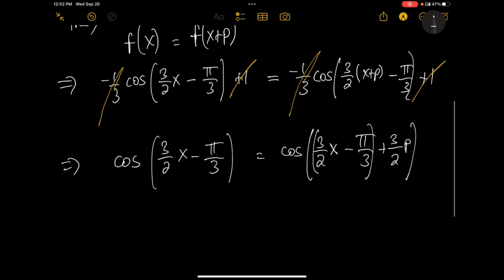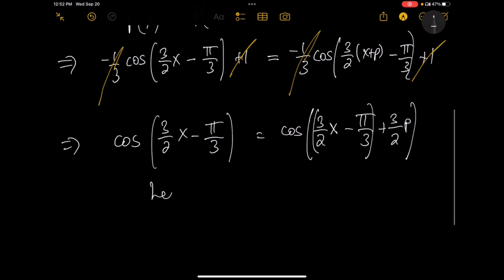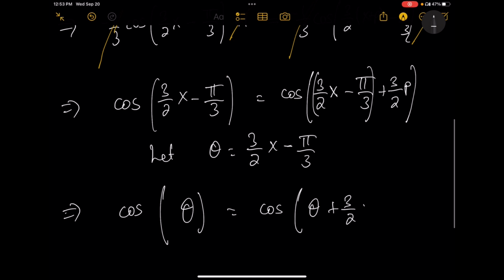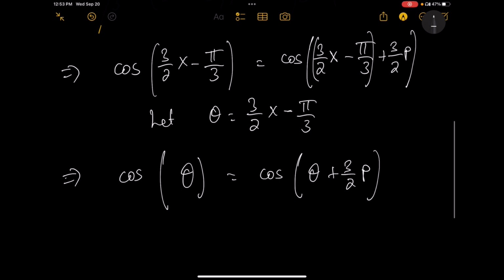Alright, now since this 3 over 2x minus pi over 3 appears twice, let us take theta to be 3 over 2x minus pi over 3. Which implies that the cosine of angle theta is equal to the cosine of theta plus 3 over 2p. Now, as we know, the period of cosine is 2 pi.